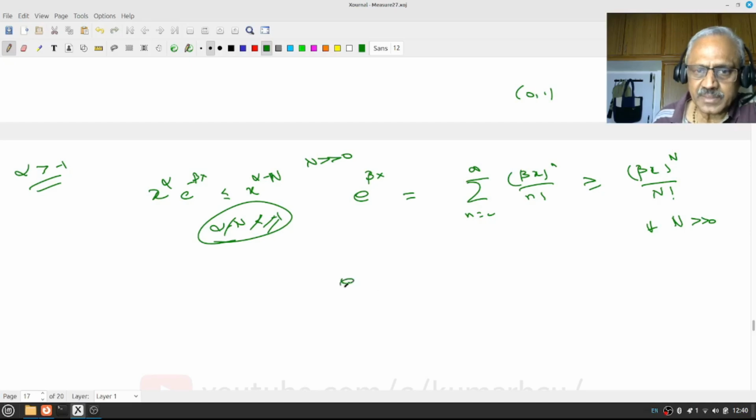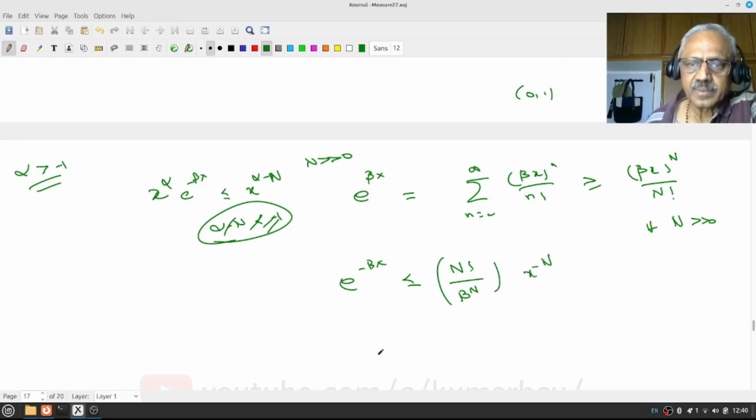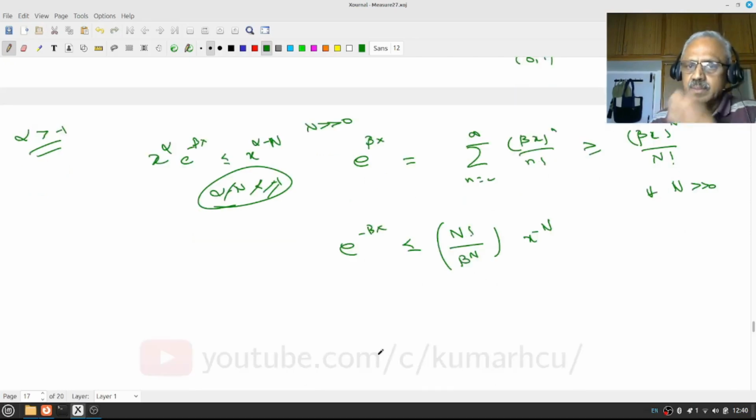Therefore, e^(-beta x) is less than or equal to n factorial by beta^n into x^(-n). This is true for any n.